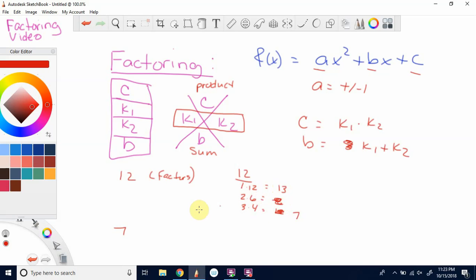This is 7, this is 8. Which one gives me 7? 3 and 4, so I'm going to have 3 and 4. Does the product of 3 and 4 equal positive 12? Yes, it does. Does the sum equal positive 7? Yes, it does.